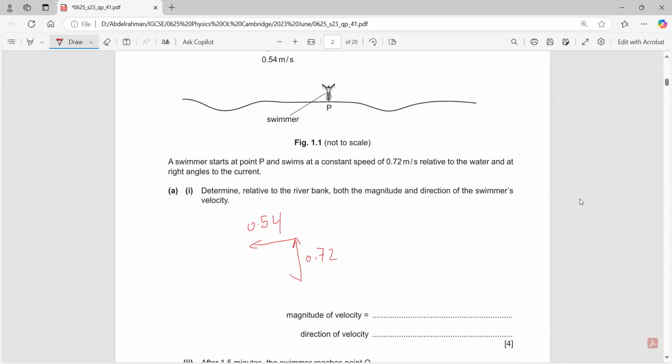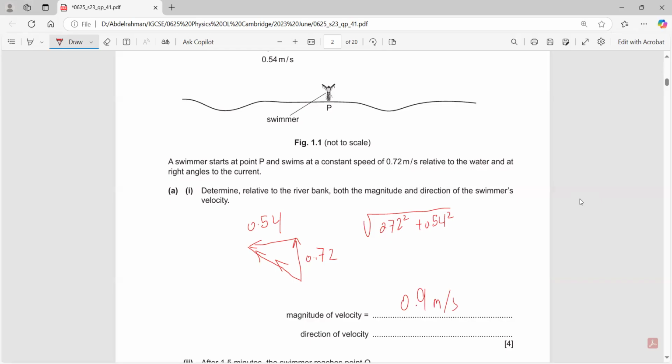The resultant would be in this direction. How can I find it? Square root of 0.72 squared plus 0.54 squared. Magnitude of the velocity is 0.9 meters per second.